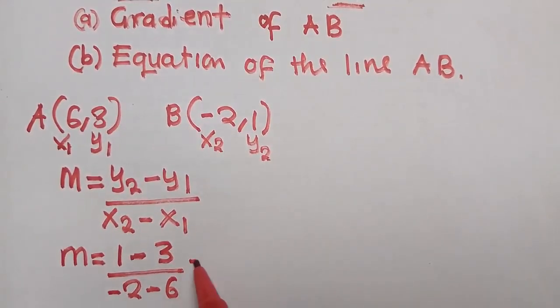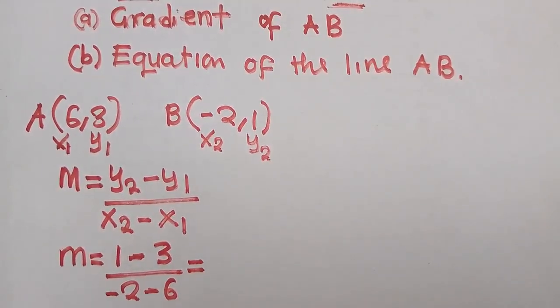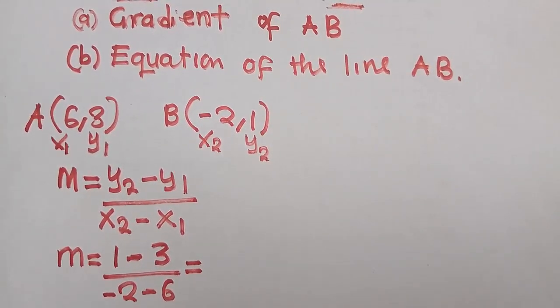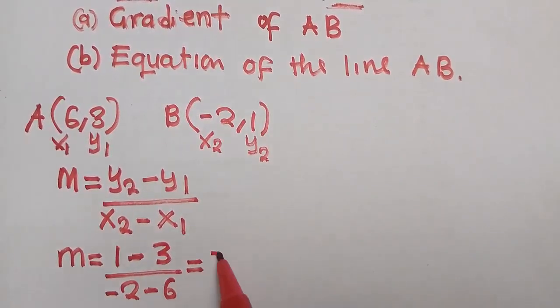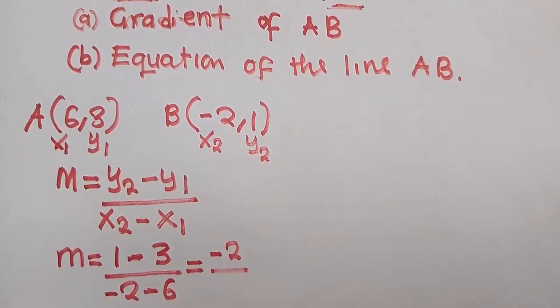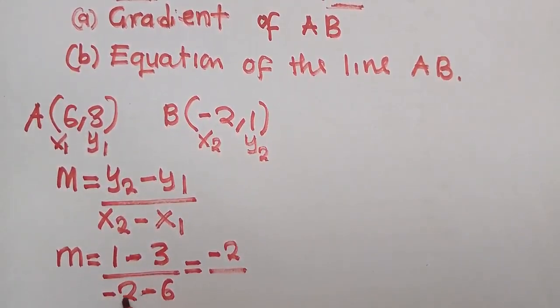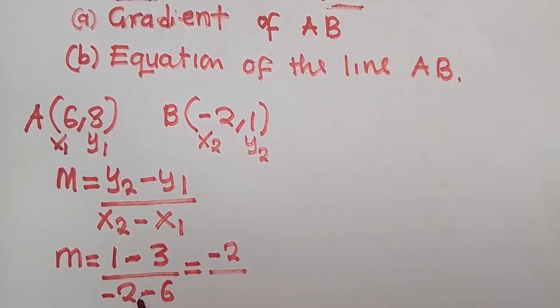Then this is equal to 1 minus 3, which is negative 2, over negative 2 minus 8. What you need to know is that with same signs, you add and maintain the sign.